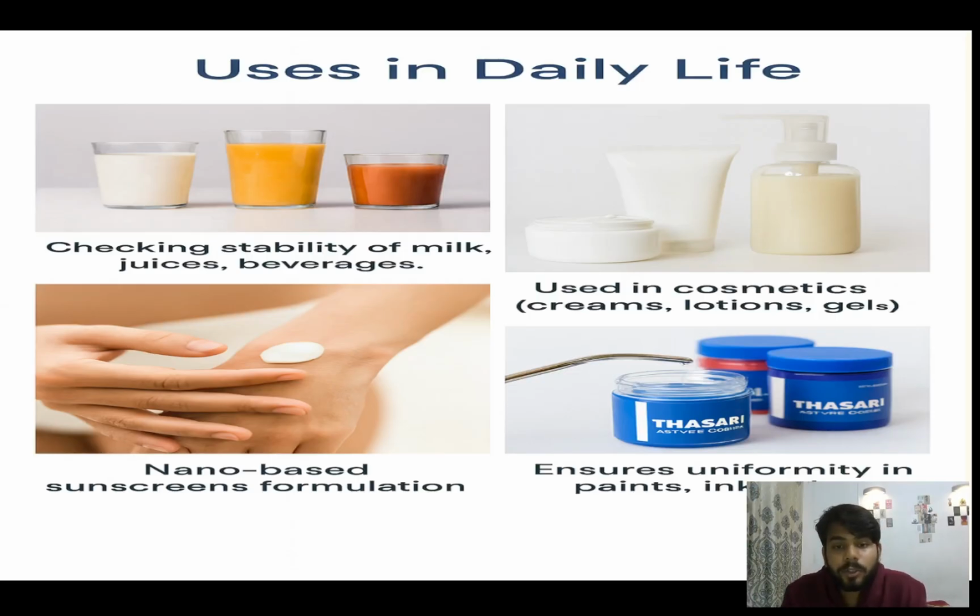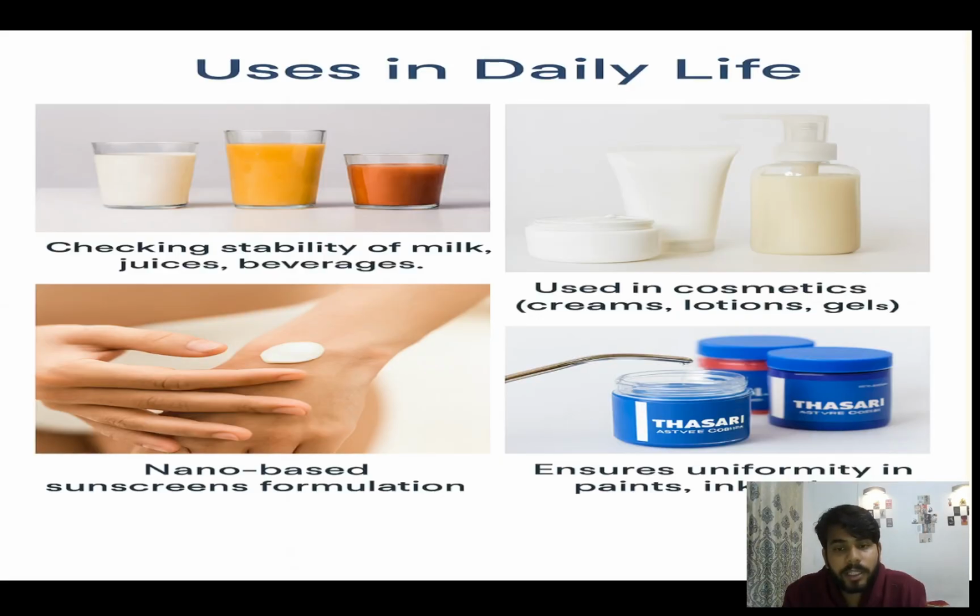And it is also used in quality control across various industries. In many industries, DLS is used as a routine quality control because it is very fast, easy, non-destructive and highly sensitive. It is very much sensitive to dust particles and impurities. Various companies use it to check whether a product batch is consistent with the previous batches or not.